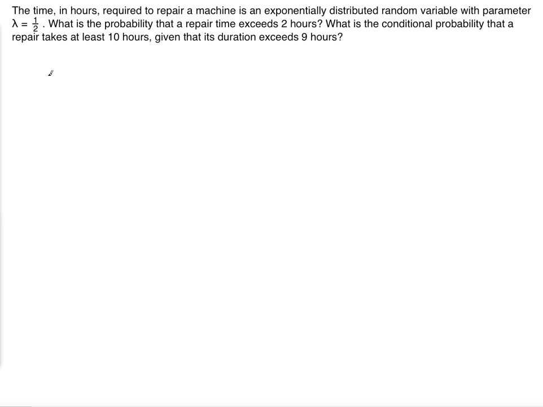Okay, so the first thing you should realize is that the probability density function of the exponential distribution is lambda e to the negative lambda x if x is greater than or equal to 0, and 0 if x is less than 0.